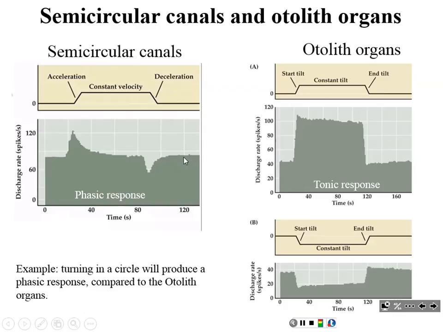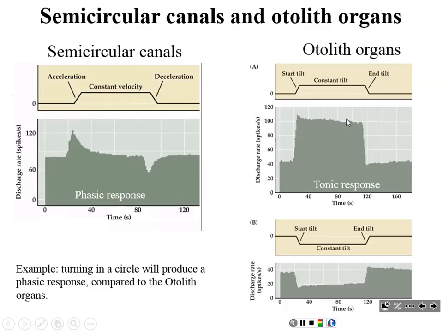What about the otolith organs? We start tilting our head, so we have a response. And we keep the head tilted. And while the head is constantly tilted, the response still exists. Why is that? Because what is affecting the response on the otolithic organs is gravity attracting the otoconia.